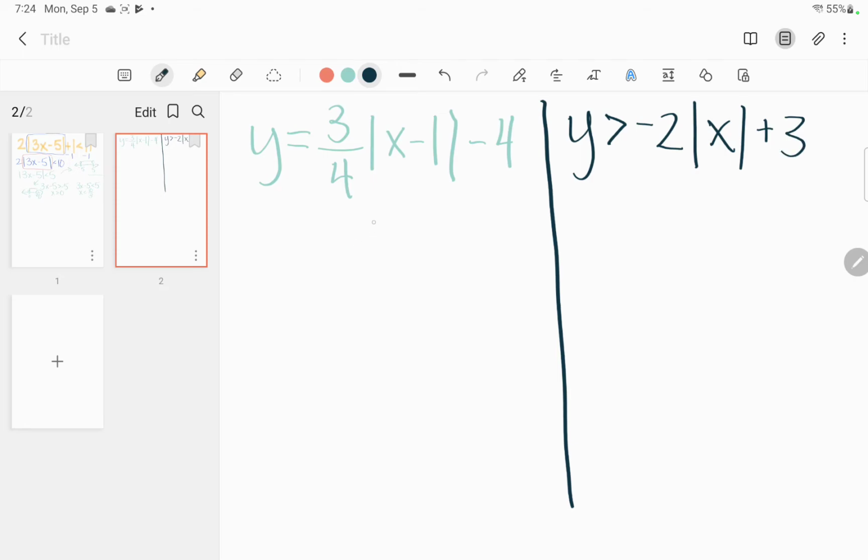So here's my first graph. I'll notice that because this has a horizontal shift and a vertical shift, my vertex is going to be at 1, -4.